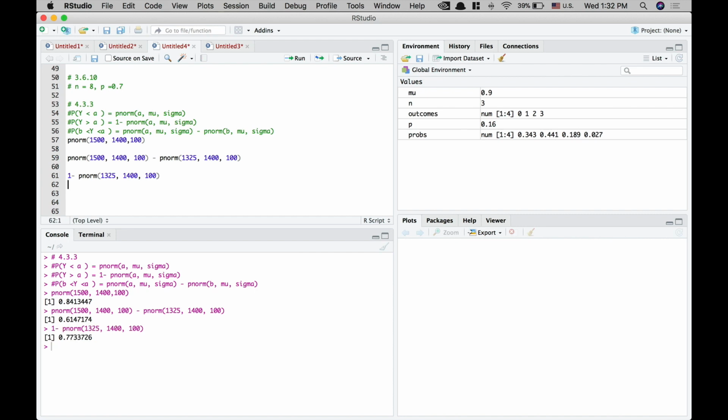This 0.77 is the probability that a randomly selected y is greater than 1325. Of course, as we discussed before, the equal sign doesn't matter in a continuous case because we have defined any point probability in a continuous variable as 0, so you don't have to worry about that part.